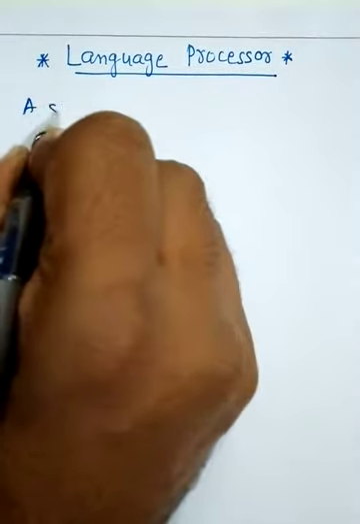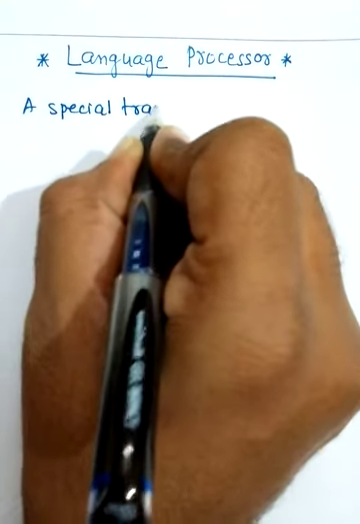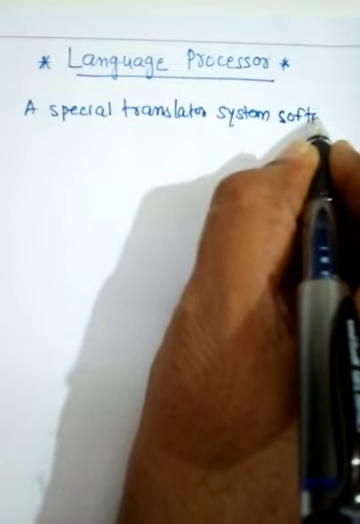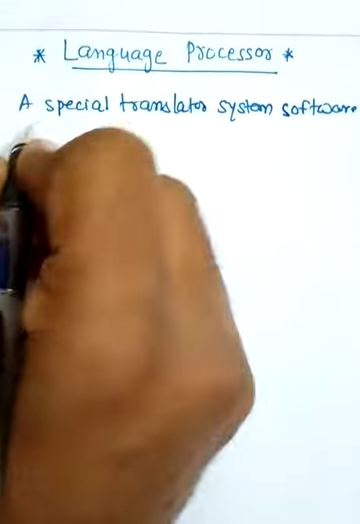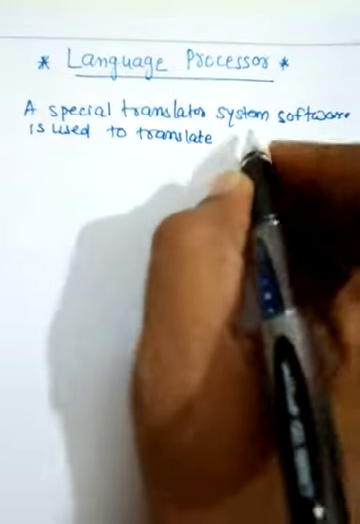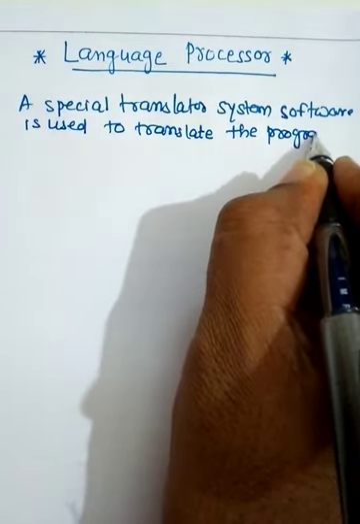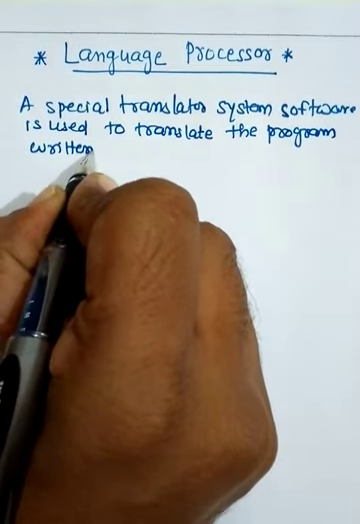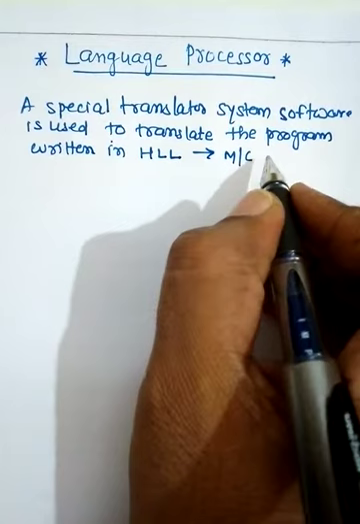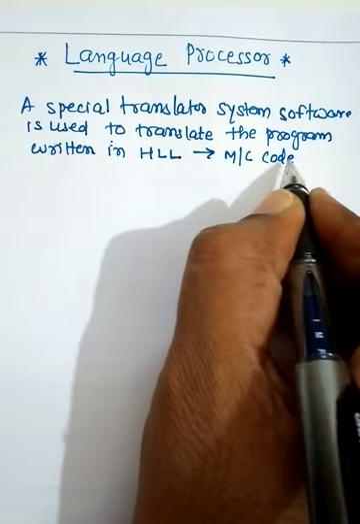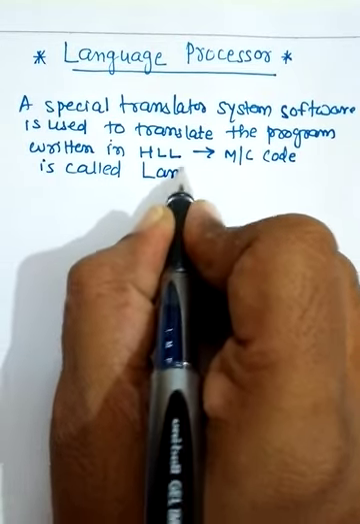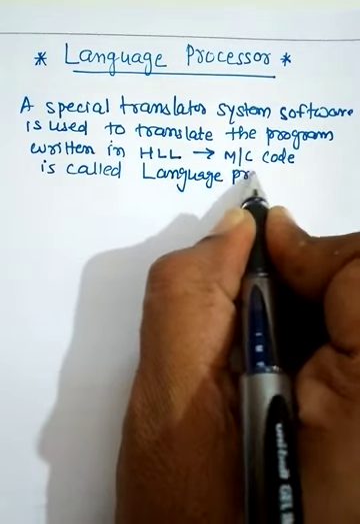A special translator system software that is used to translate a program written in a high level language into machine code is called a language processor.